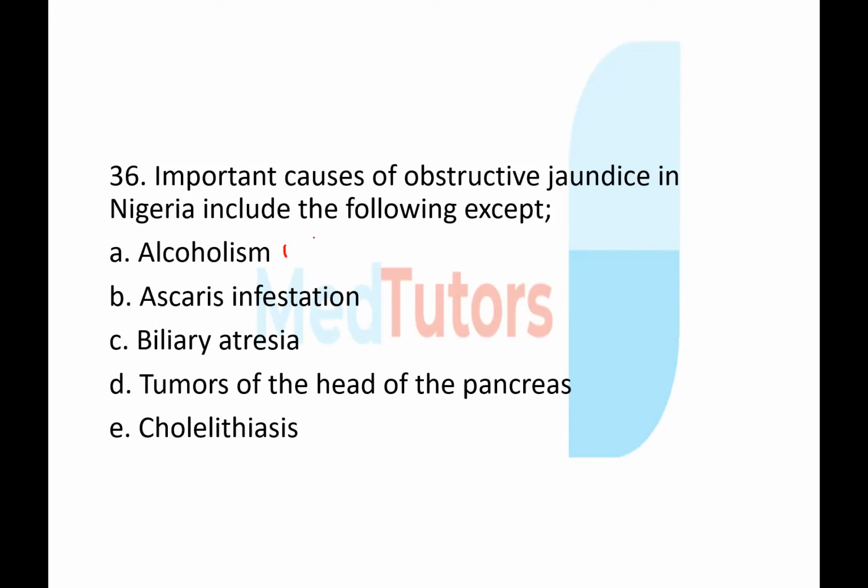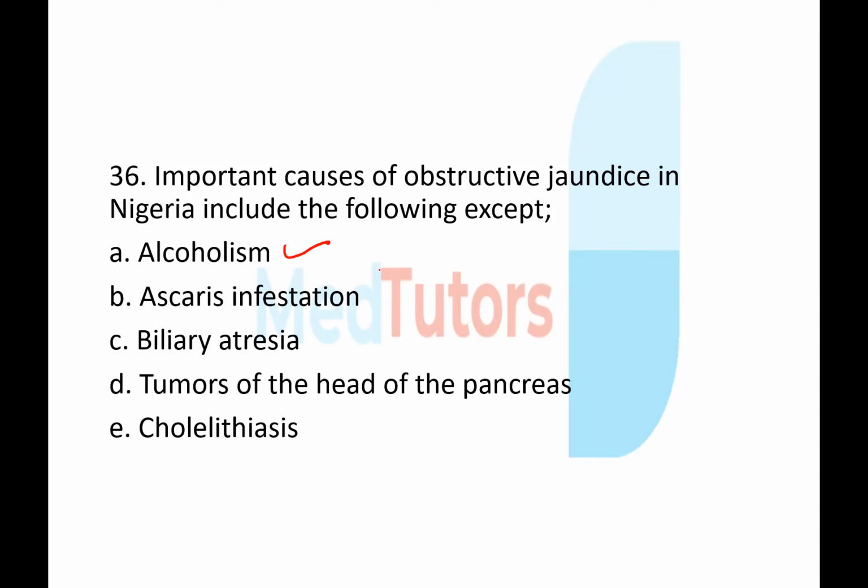Now, alcoholism will cause chronic liver disease, which will cause liver cirrhosis. It causes obstructive jaundice only when there is transformation into hepatocellular carcinoma, and that is uncommon, where you have an intrahepatic cause of obstructive jaundice.